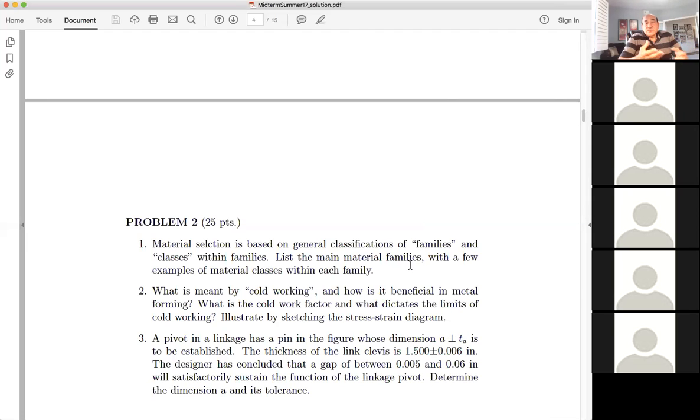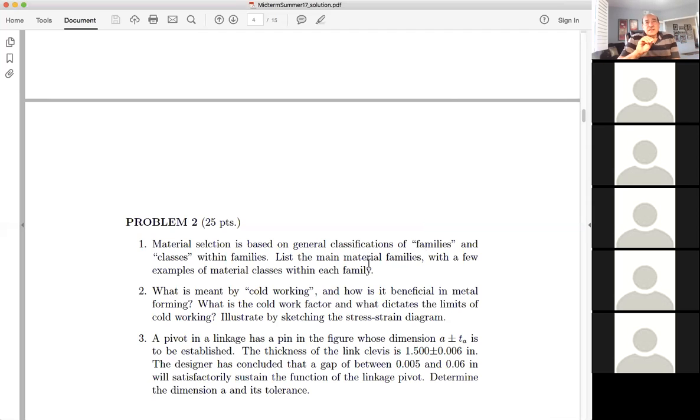These are things that don't have mathematics, right? So we need to be able to read them and absorb them and still be useful for us as engineers. So we asked one question on the families and classes within families.